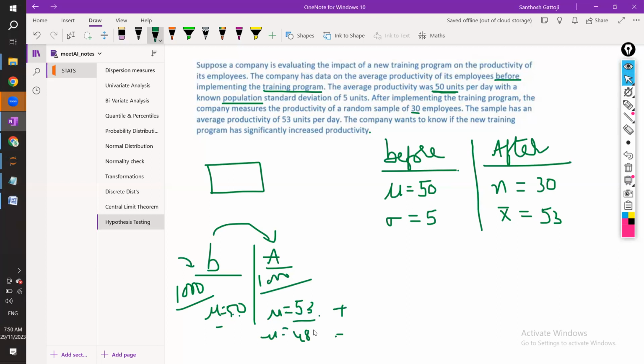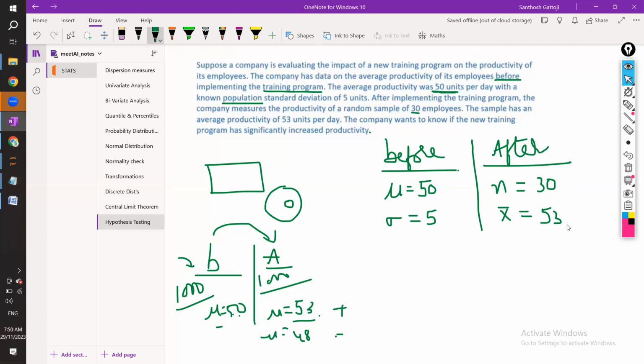Right? But here that's not the case. Earlier it was for the whole population, it was 50. But after the training, they took a small sample, of size 30, and that sample has a mean of 53.